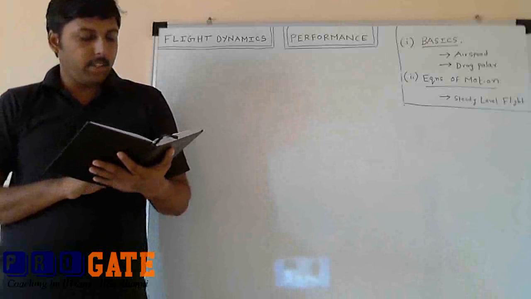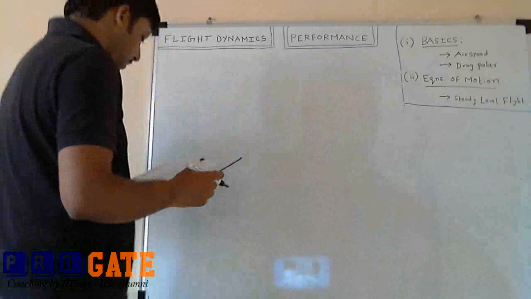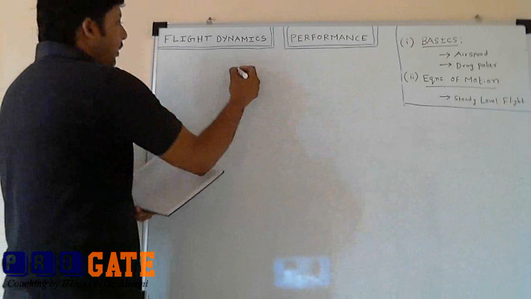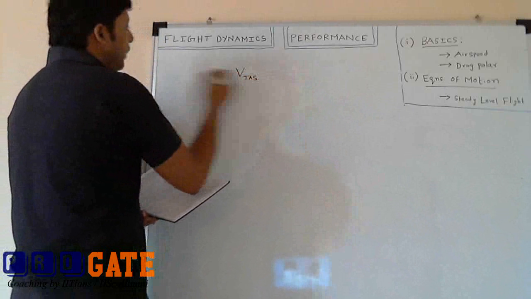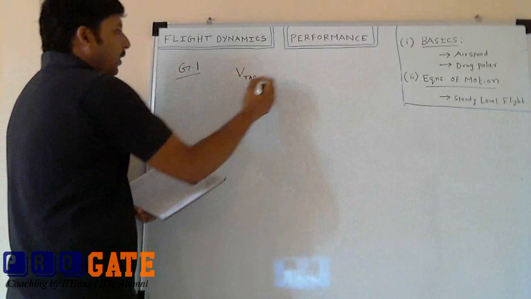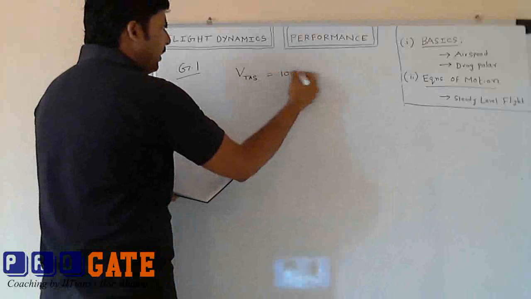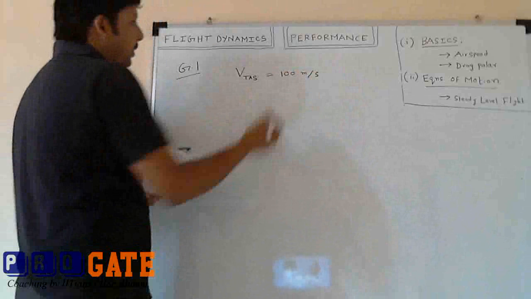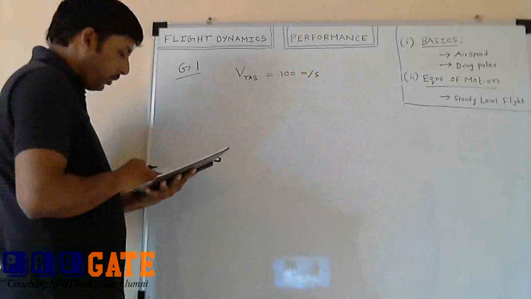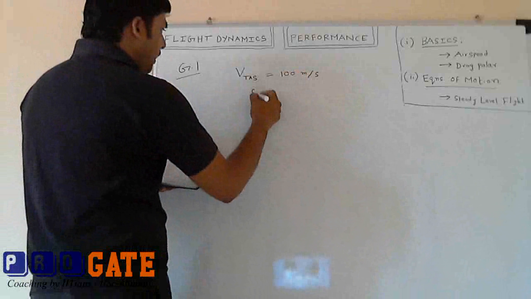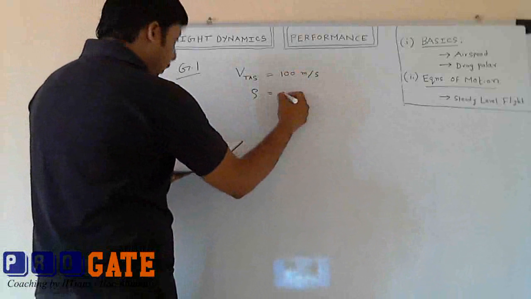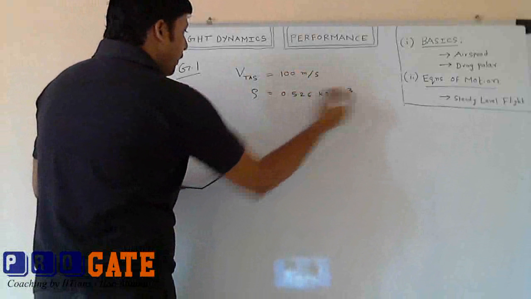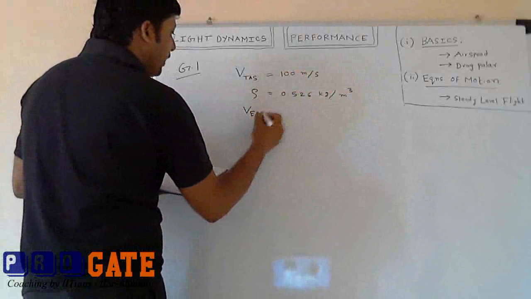What is the equivalent airspeed? So the aircraft is cruising at true airspeed V TAS of 100 meters per second under standard condition. They have also given the density, which is 0.526 kg per meter cube. So we need to find the equivalent airspeed.